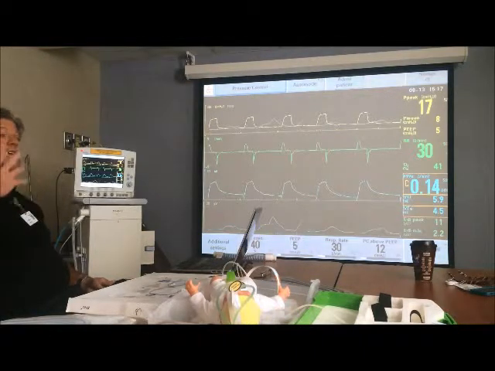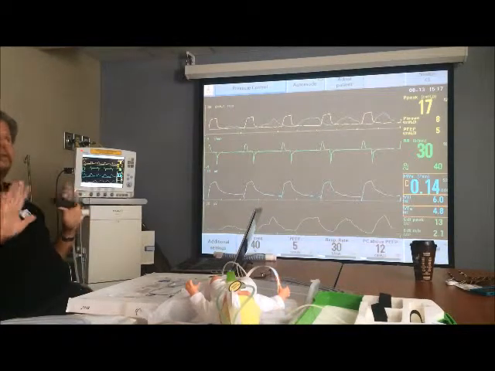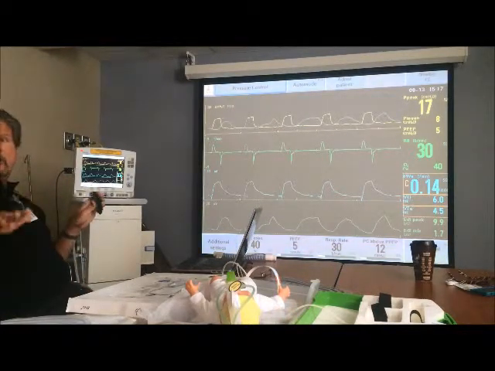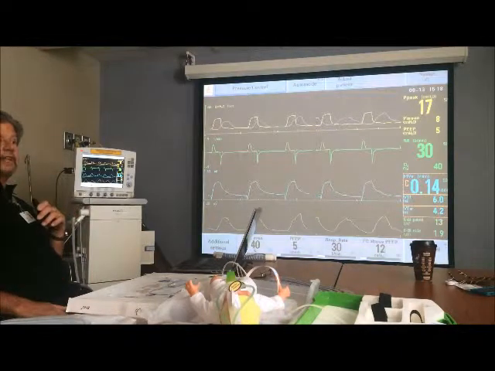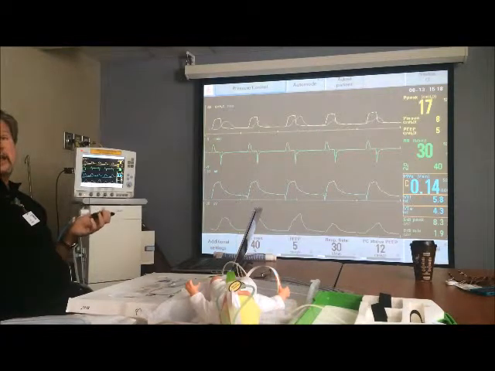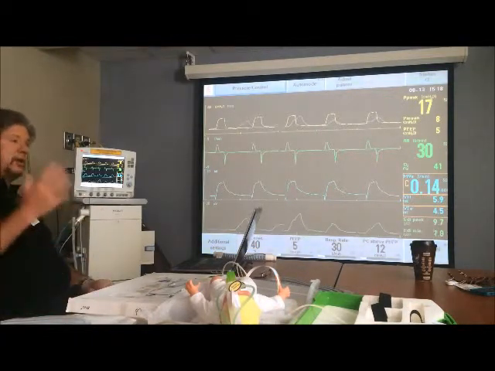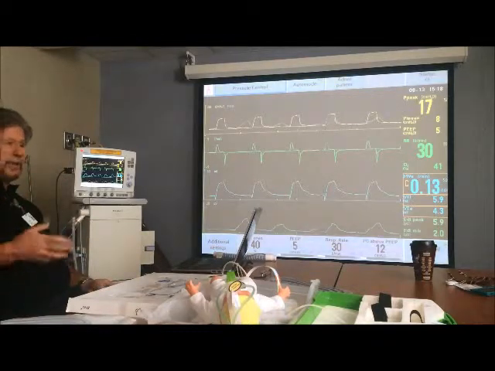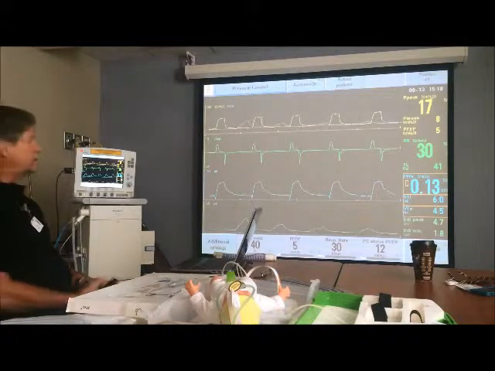Because he was being over-assisted, the brain went, hey, I'm not going to contribute to this problem, so I'm just going to shut down and not tell the diaphragm to move at all. So that's another thing you can find out when you use NAVA. It has tremendous power, not only in ventilating people, but in telling you other things that you took for granted up until a certain point.